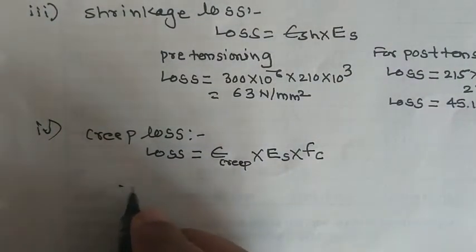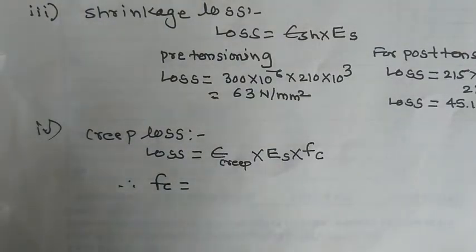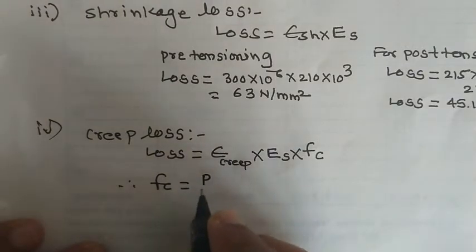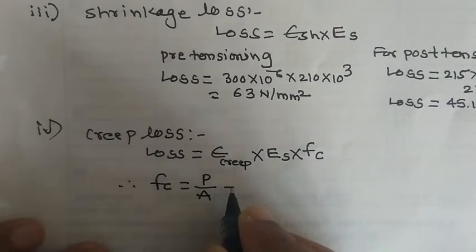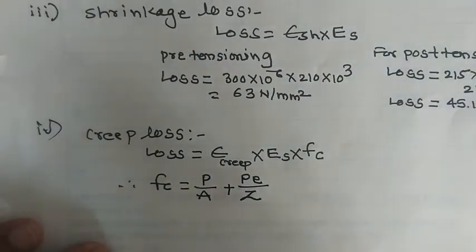So let's first find out the fc. fc is the stress in concrete at the level of tendon. This stress is developed due to the direct pre-stressing force plus the bending moment developed due to the eccentricity of a tendon.